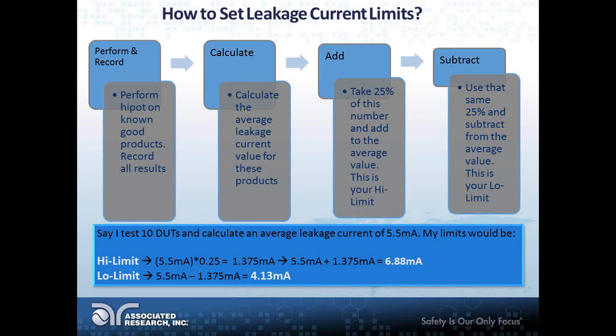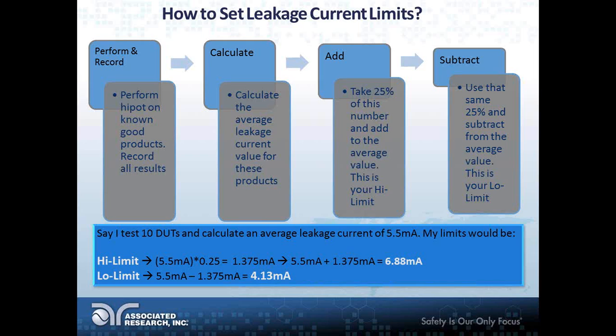Now remember that most standards usually call out for looking at breakdowns during Hipot tests. Some standards do specify exact values of current high limits that you need to set in your Hipot test to ensure the product does not fail. However, most standards do not give a specific value of current.